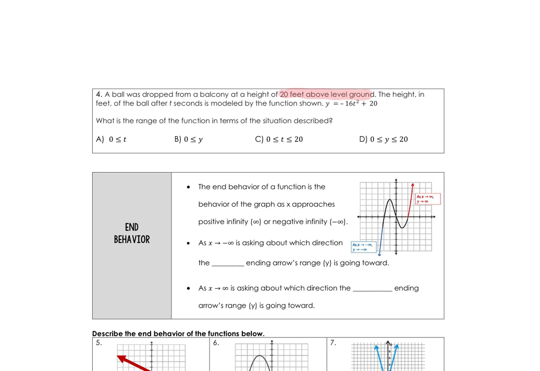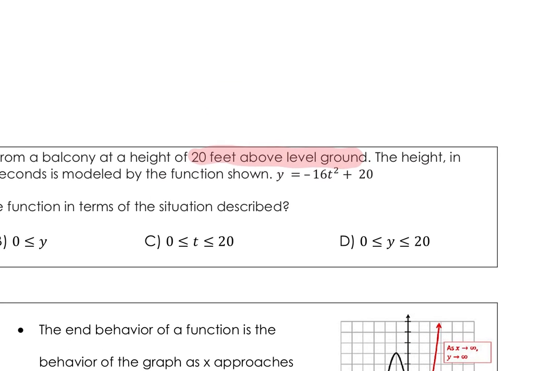The height in feet of the ball after t seconds is modeled by the function y equals -16t squared plus 20.